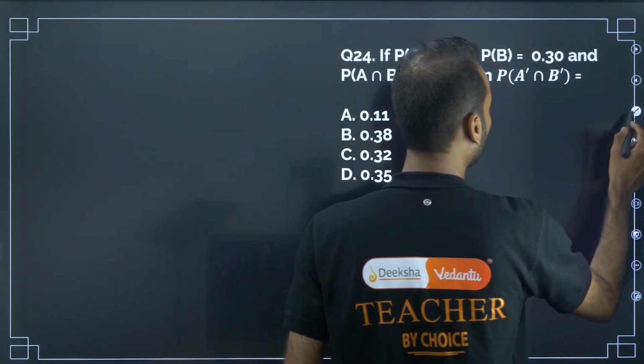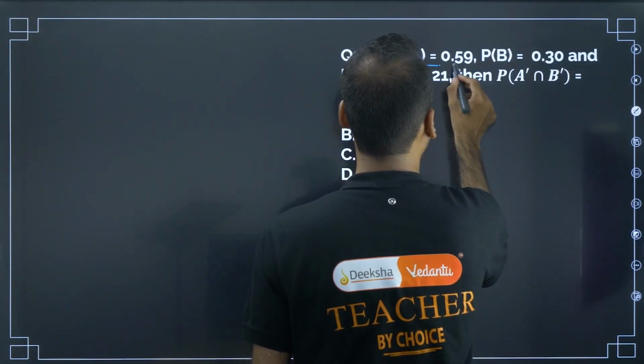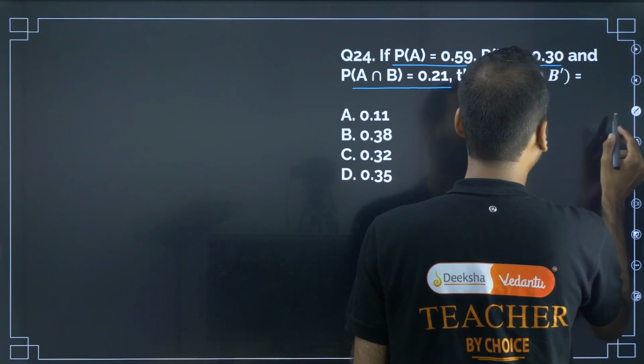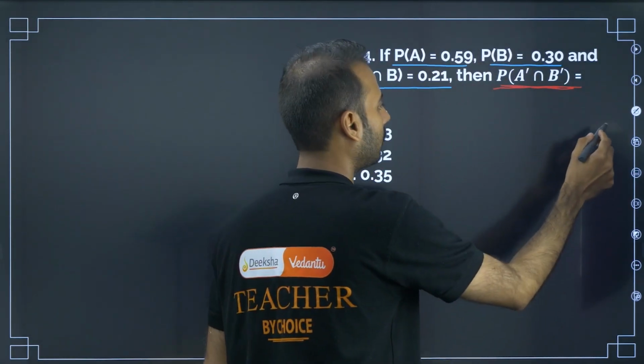If P of A is equal to this much, P of B is equal to this, and P of A intersection B is given, then probability of A dash intersection B dash is what?